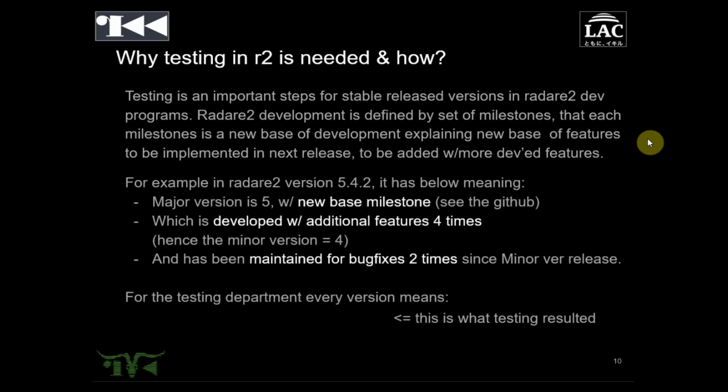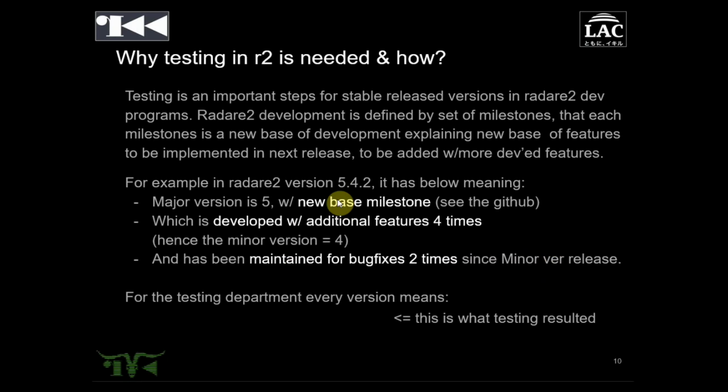So for example, take the latest Radare2 version, 5.4.2. It has a major version: 5 means the new base milestone is version 5. It has a new base for the new features planned to be implemented in this version, and it has been developed with additional features 4 times, hence the minor version is 4, and it has been maintained with bug fixes 2 times since the minor version release.